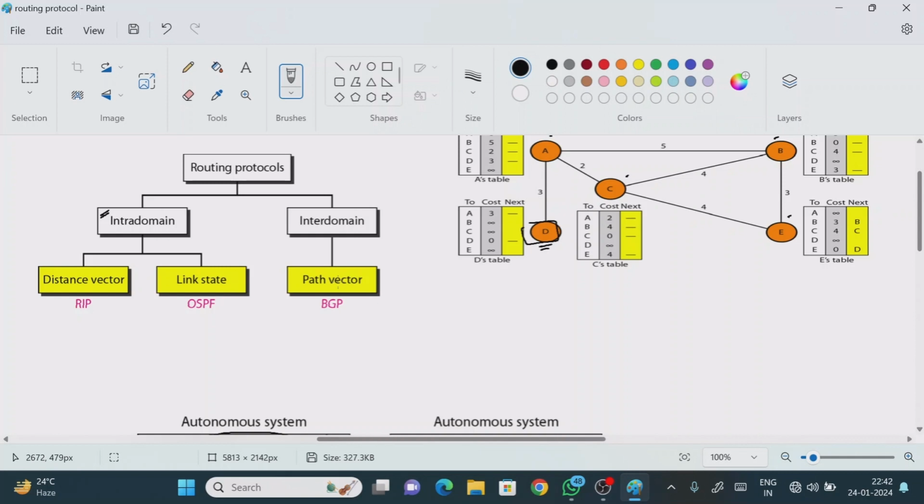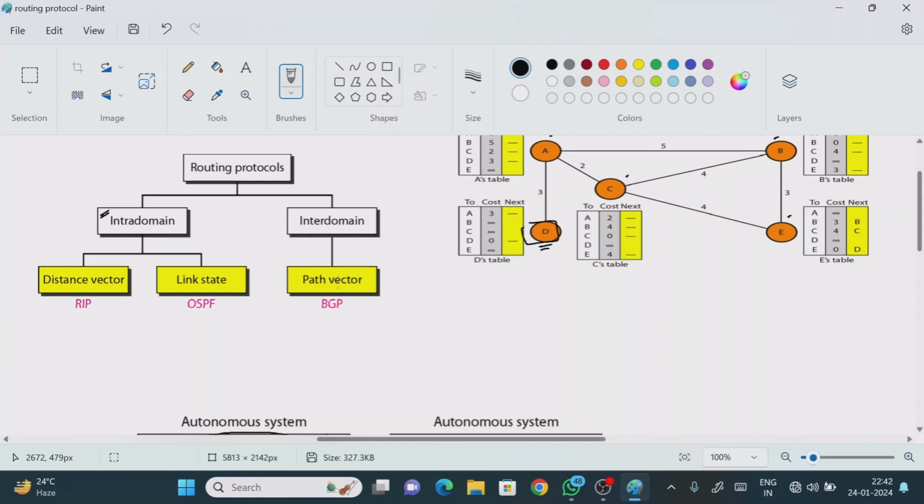Routing between autonomous systems is referred to as inter-domain routing. Each autonomous system can choose one or more intra-domain routing protocols to handle the routing inside the autonomous system. However, only one inter-domain routing protocol handles routing between autonomous systems. So the simple point to remember is that routing inside an autonomous system is referred to as intra-domain routing.